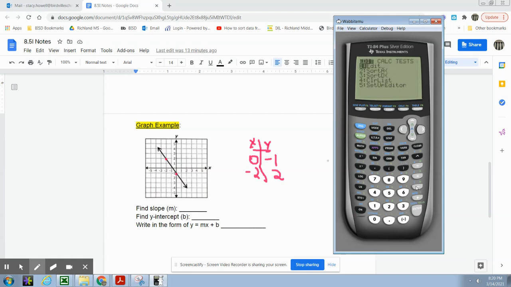I'm going to hit stat, enter, and I'm going to put in a 0, negative 2. I'm going to tab over, put negative 1, and a 2.